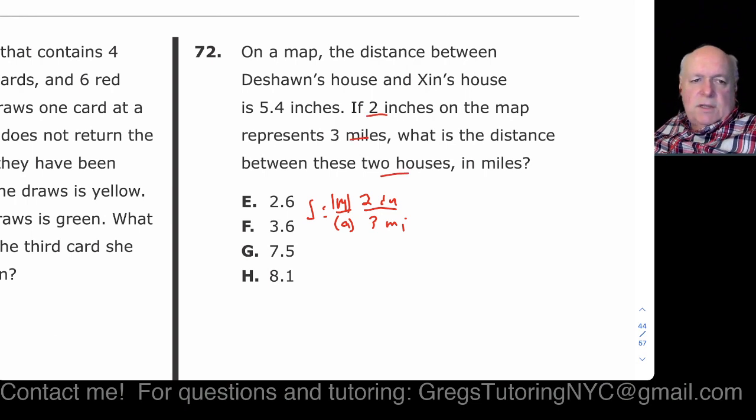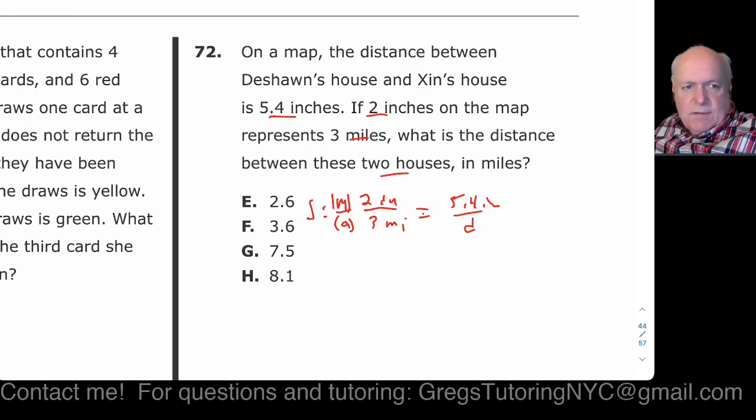Well, they gave us the distance on the map was 5.4 inches. So if it's map to actual, we're going to set up the ratio in the same way. So this is going to be 5.4 inches is to D over here, the distance that we're going to try to solve for.